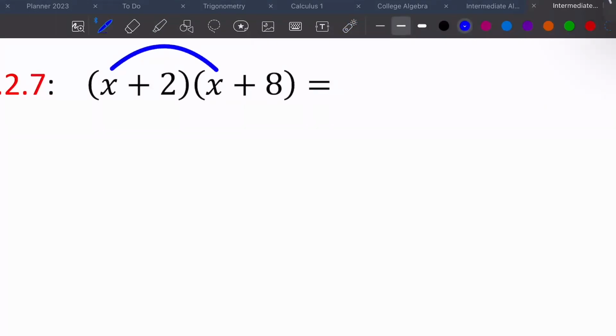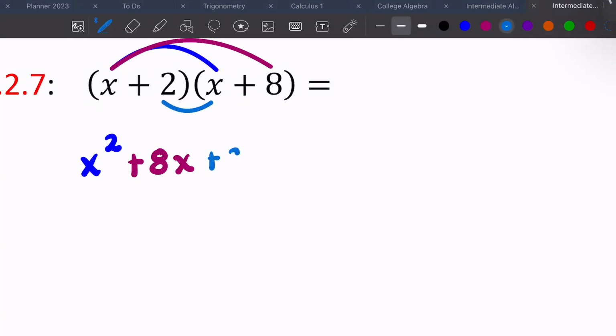So the first times the first, that gives you x squared. Then you have outside. So the 2 outer pieces. First outside, right? So that's x times 8. So that's plus 8x. Inside, so the 2 most inner pieces. Last, the 2 last pieces. Plus 16, just like that. Okay?